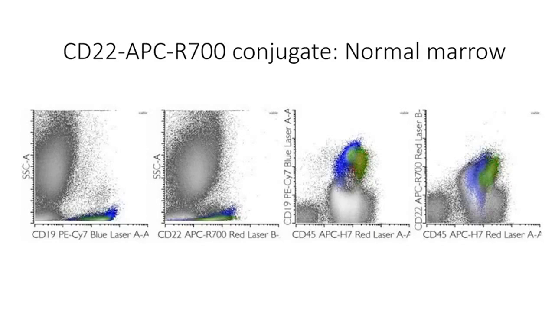So we were particularly missing these early B cells with extremely weak CD22. So as much as we liked APCR 700 as a location for CD22, our concern was that the fluor was just not bright enough for this particular application. Next slide.